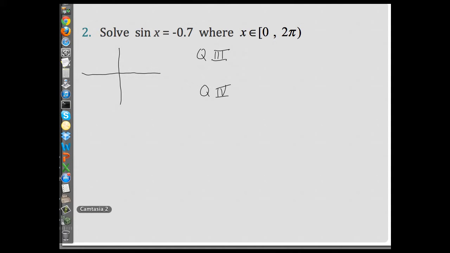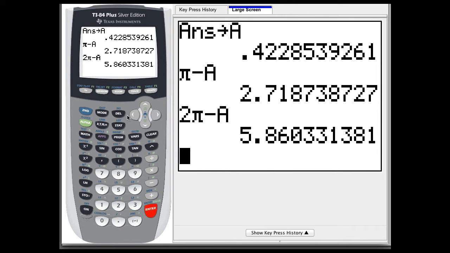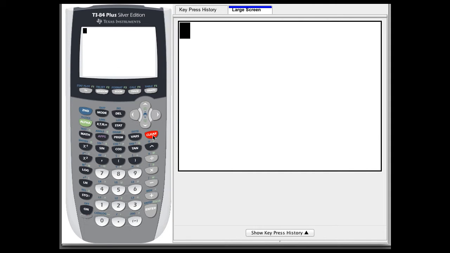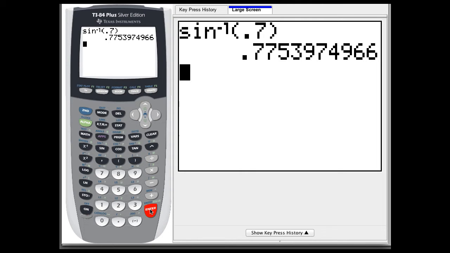Let's go back to the calculator. Clear all this stuff. We want to do inverse sine in order to find what our reference angle should be. And remember, we're just going to do a positive 0.7. Hopefully everybody gets approximately 0.775 as your reference angle. So I'm going to go ahead and store that.